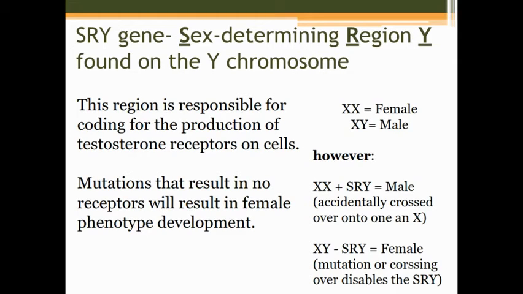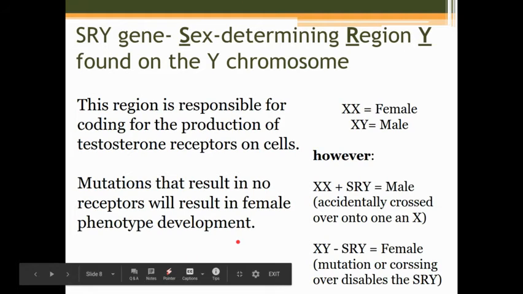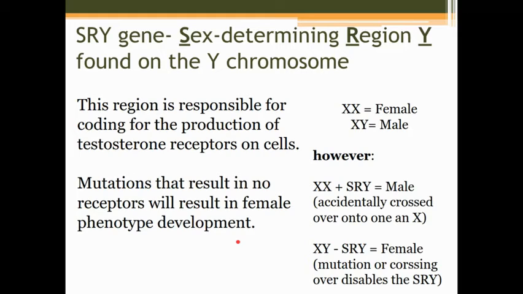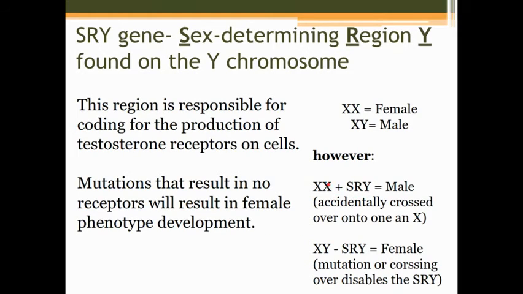This condition is referred to as Swyer syndrome, and it happens the other way as well. You can be XX, meaning you're female, and you can develop characteristic male structures in development if the SRY gene has been crossed over onto one of your X chromosomes by accident.